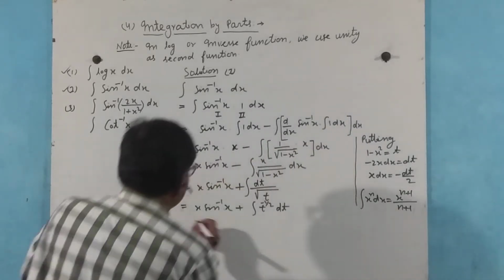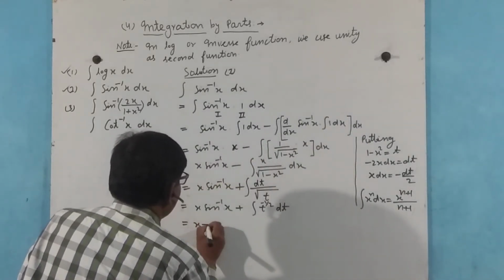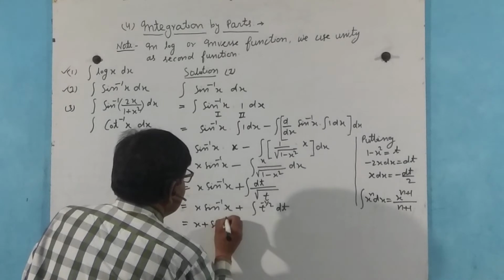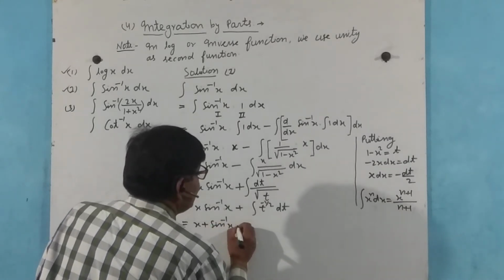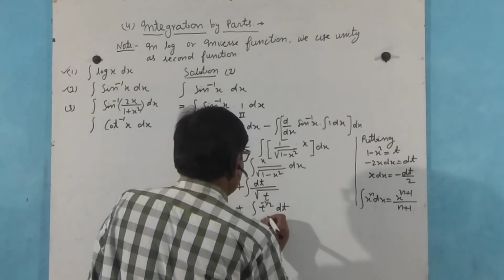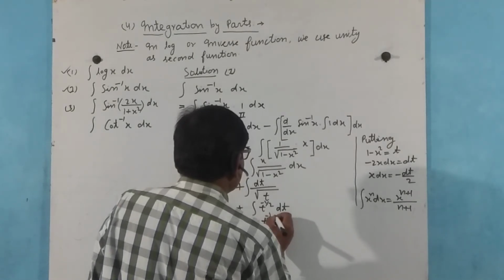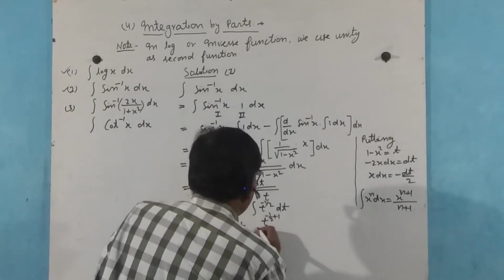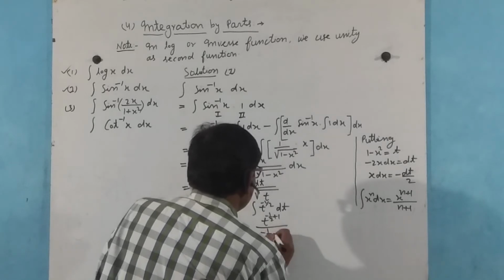Similarly here, x sin inverse x plus t to the power minus 1 by 2 plus 1 divided by minus 1 by 2 plus 1.